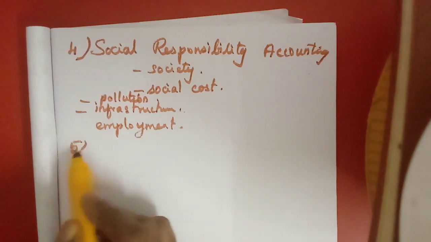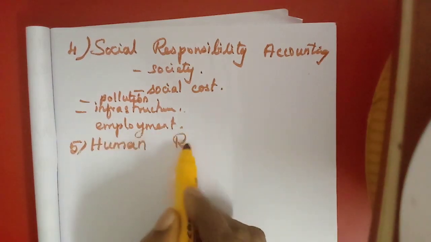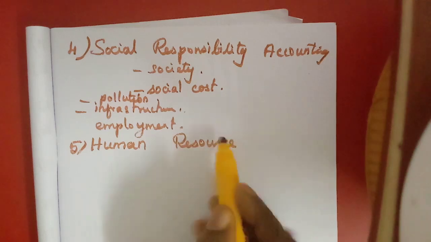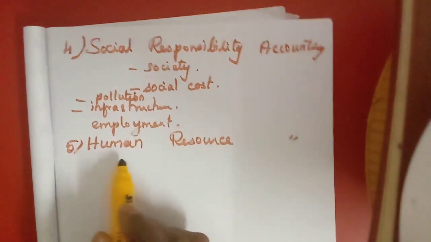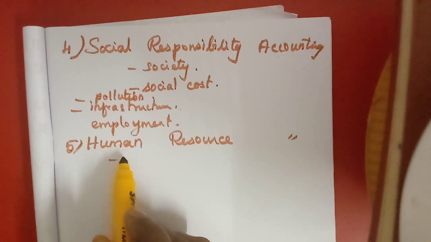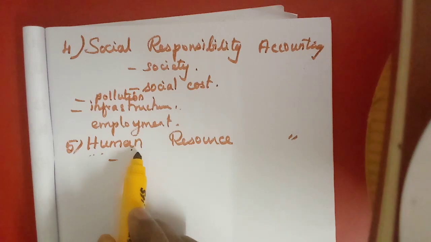Then the last one is human resource accounting. They have to allocate some cost, because a large portion of the total cost is incurred for human resources, as salary or other benefits given to the employees, whether of the lowest level or the higher level.